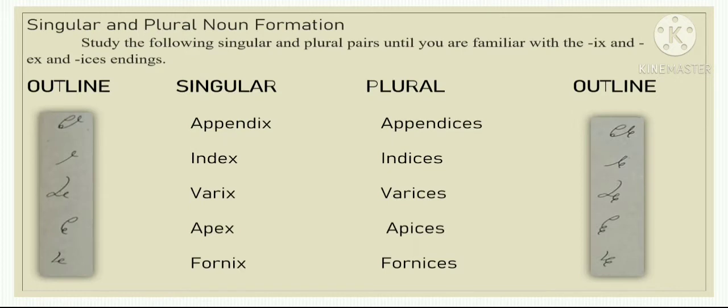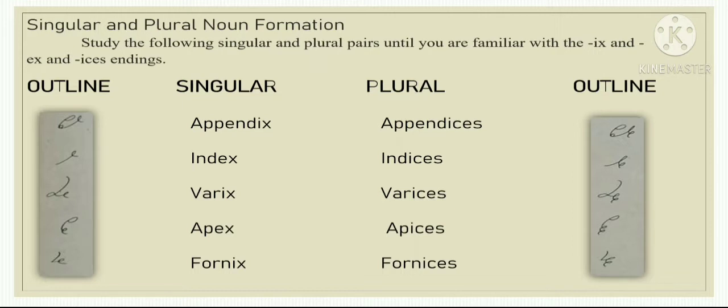Then the singular and plural noun formation. Study the following singular and plural pairs until you are familiar with the IX, EX, and ICES endings. The first singular word is appendix, and the plural of appendix is appendices.